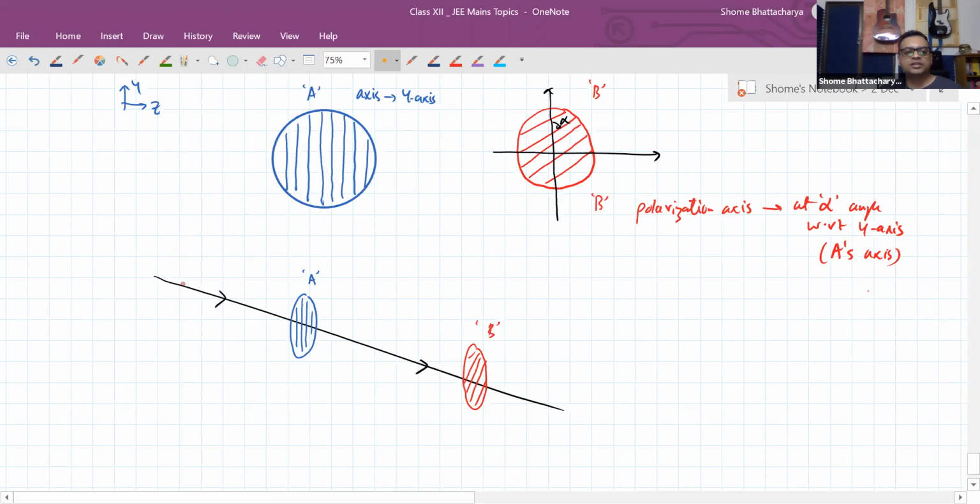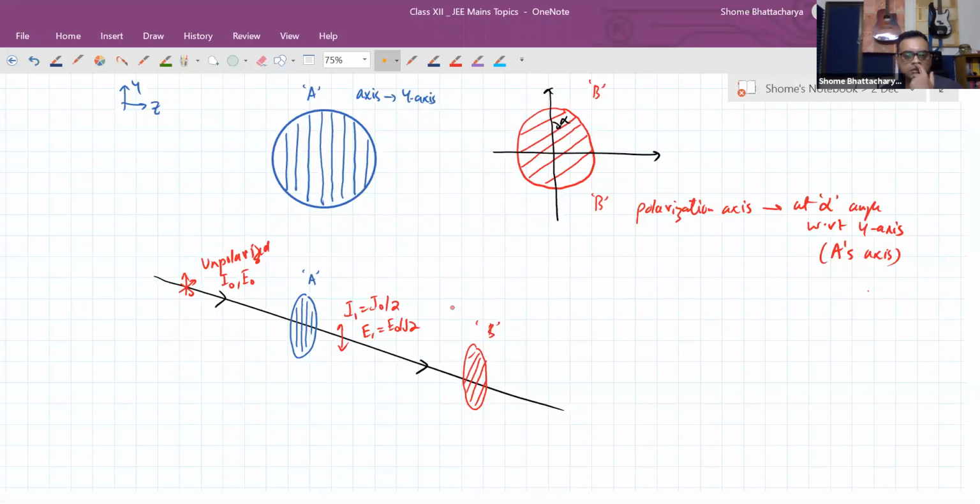What will happen here is, if the incoming light is unpolarized, of intensity I naught and electric field amplitude E naught, then here I will get polarized light along the y-axis, of intensity I naught by 2, because the electric field amplitude will become E naught by root 2. But what about the factor now? That alpha will come into the picture.